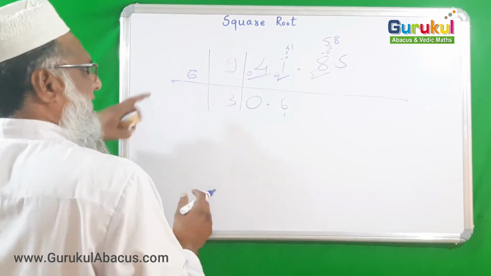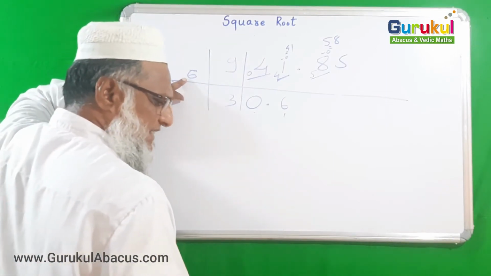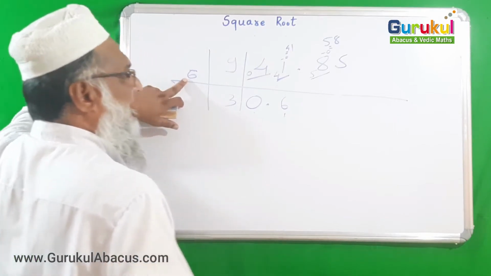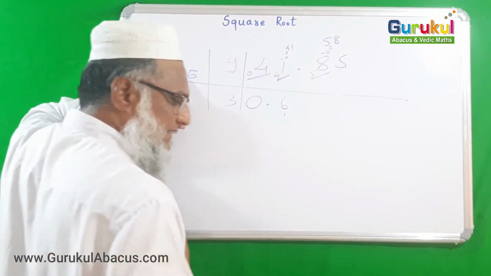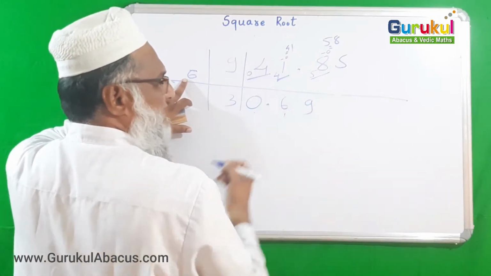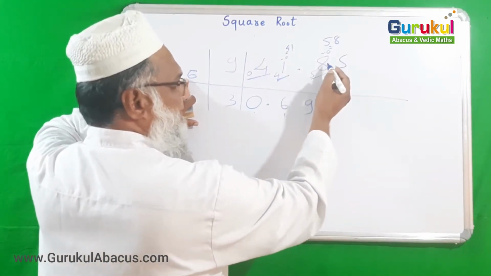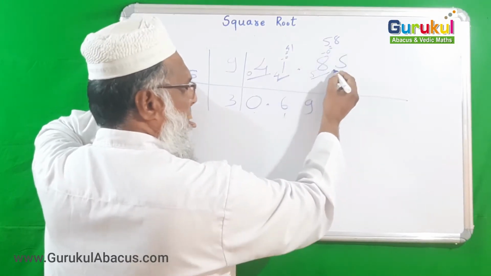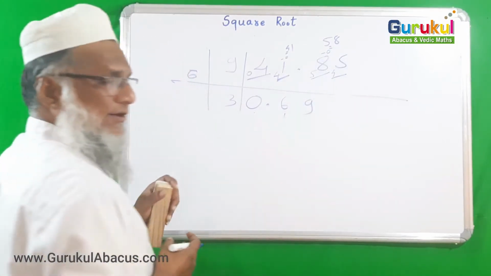And if it is 58, then 6 9s are 54. So 58 minus 54, the remaining 4 I am adding here.